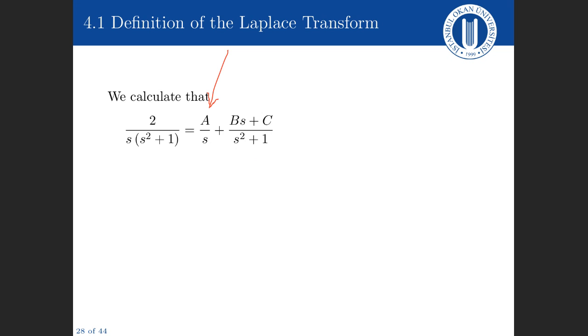On top of the s, we're going to have some number a. s squared plus 1 is a second degree polynomial, so on the top we must have a first degree polynomial. The top of these functions must always be 1 degree less than the bottom. So we must have bs plus c for some numbers b and c.